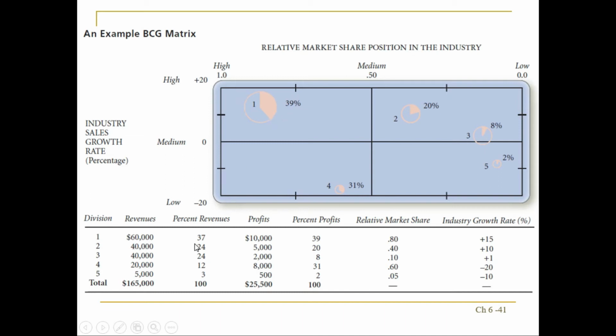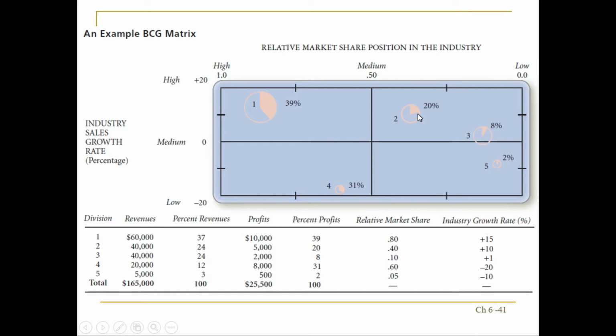For the second division, you can see that the market share is 40% and industry growth is 10%. So here we are coming, and the relative market share is 40%, located here. So here you locate the second division with 20% of the profit. 20 and 39% are different figures, so you can see the size of the circle is also different.